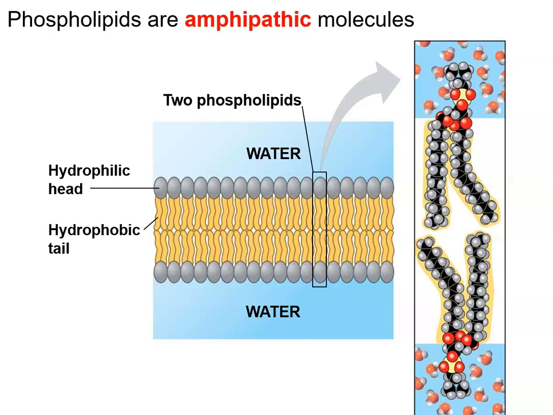They get away from the water, which means the hydrophilic heads, which are the phosphate groups, can interact with water. So this has a property that's termed amphipathic, when you have a molecule that has both a hydrophilic region and a hydrophobic region.